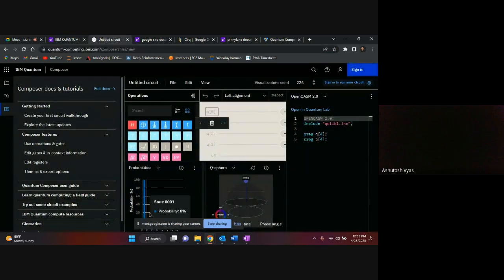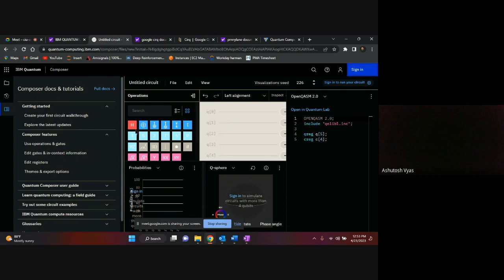If you see here, this particular qubit is totally at a zero state, initially like this. The moment I put a Hadamard gate here, let's add it in here. I put a Hadamard gate here.